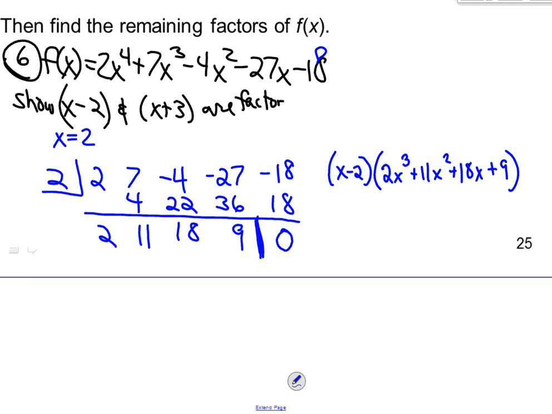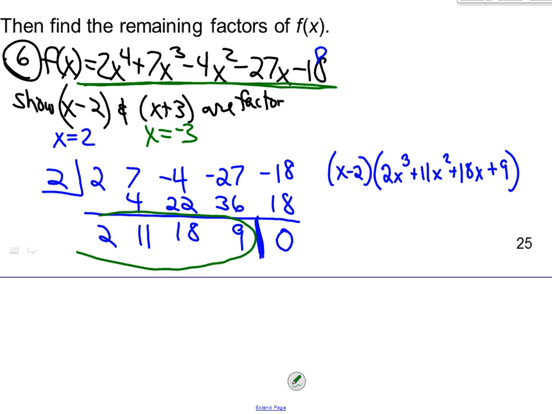So now here's the beauty of this. When that remainder is 0, this is a factor of this original, but it's also a factor of this. Think about the fact that I want to factor out this x plus 3. So instead of dividing this x equals -3 into this whole original thing, I can just use what was the quotient of this, ignoring that 0, because that's not there anymore.